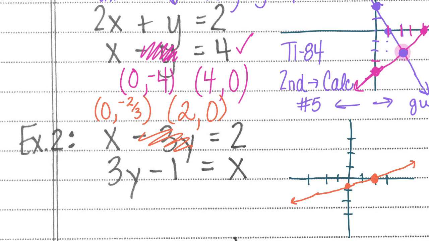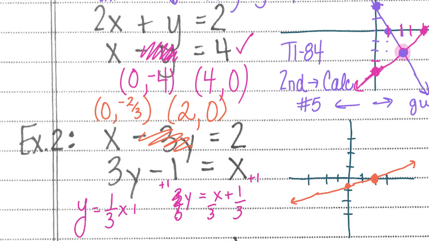All right, for the next one, I'm going to solve for y. Add 1 to each side. 3y is equal to x plus 1. And when I divide each side by 3, it looks like y is equal to 1/3 x plus 1/3.